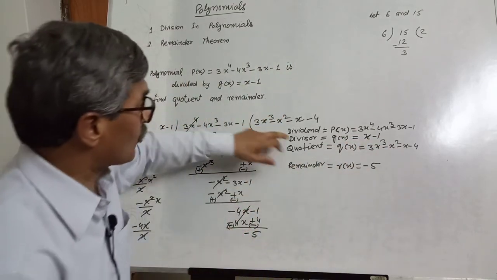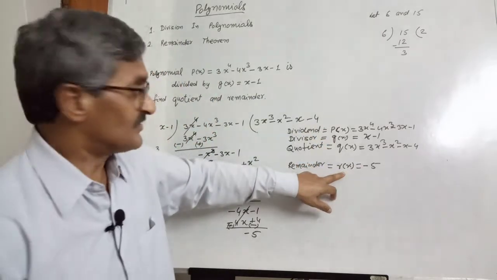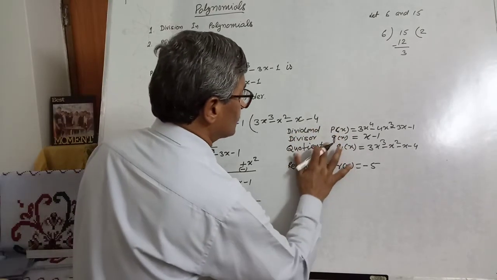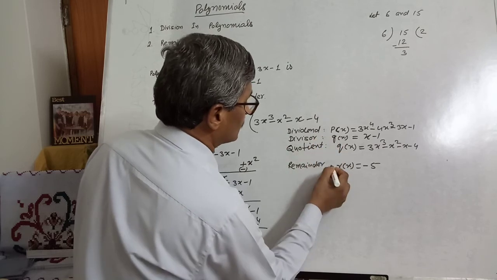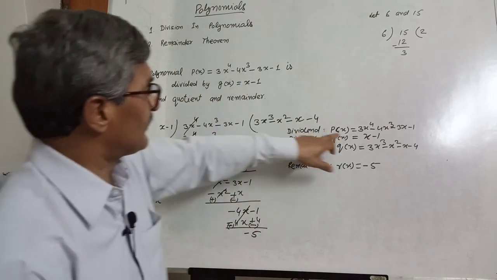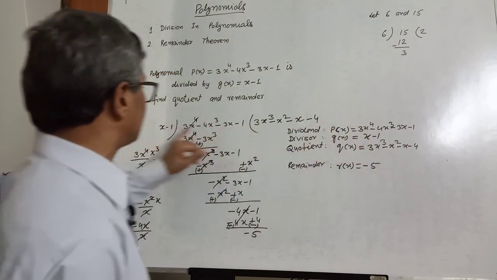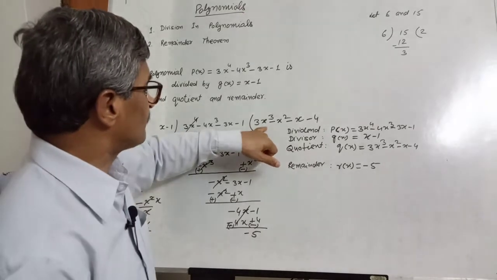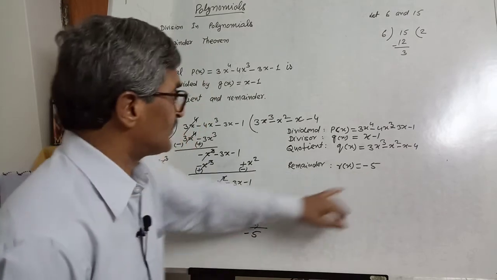So we are getting 4 polynomials, px, gx, qx and rx. These are the 4 polynomials. Dividend px is equal to this, divisor gx is given x minus 1, the quotient we have found here, and this remainder we have found here, minus 5.